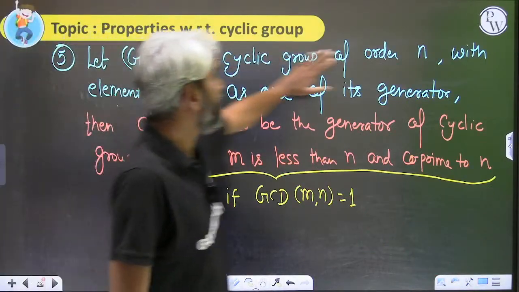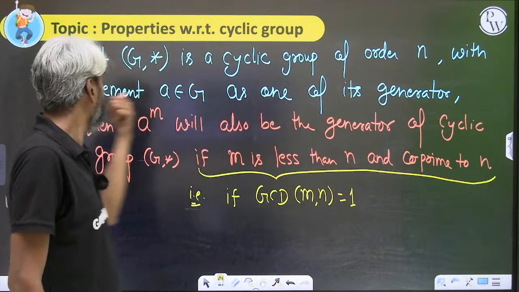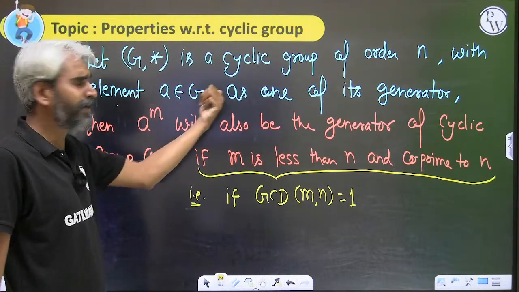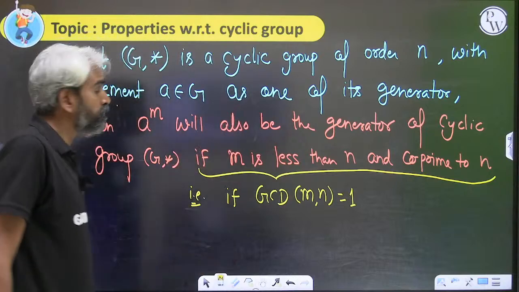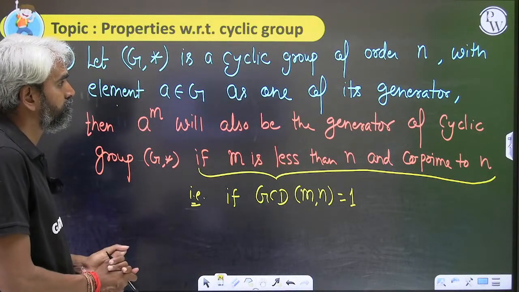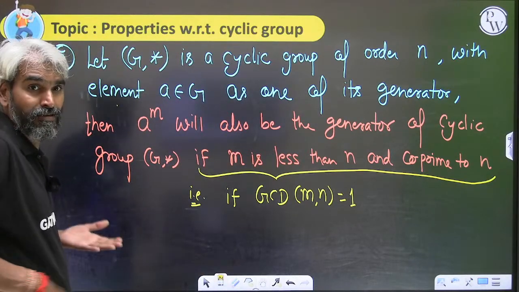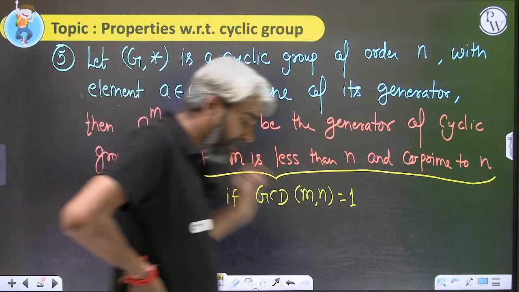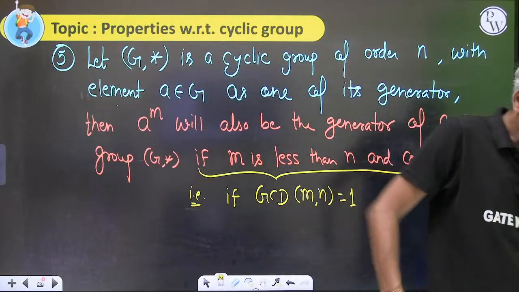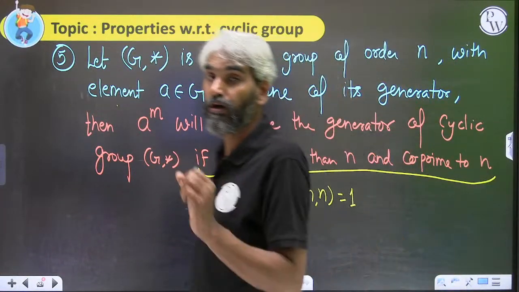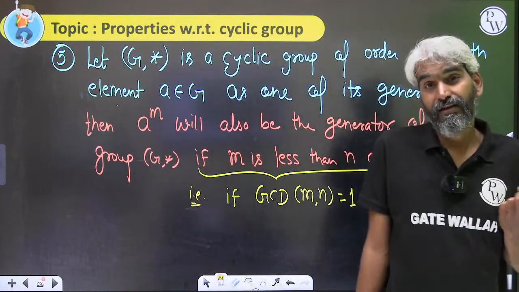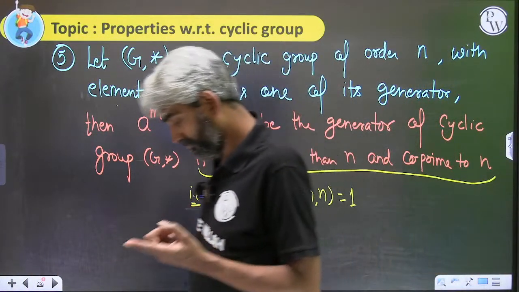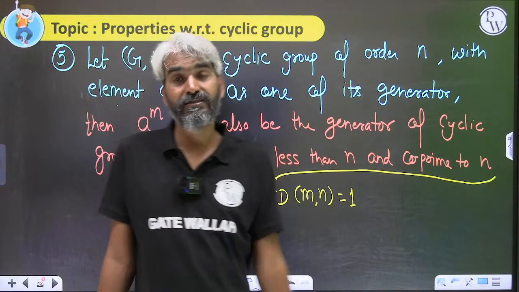If G comma asterisk is a cyclic group of order n, then an element A belonging to G that is a generator means A raised to the power m will also be a generator as long as m is co-prime to n and m is less than n.